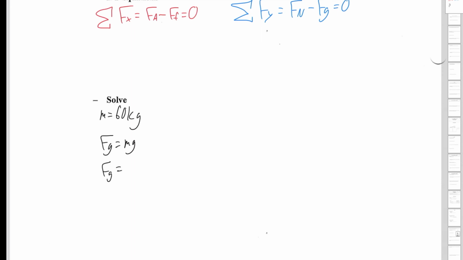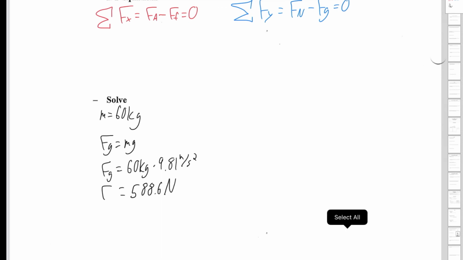So Fg equals 60 kilograms times 9.81 meters per second squared. So we get that 60 times 9.81 equals 588.6 newtons for our force of gravity.